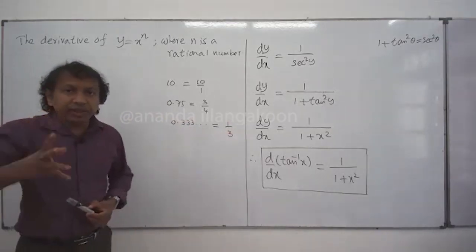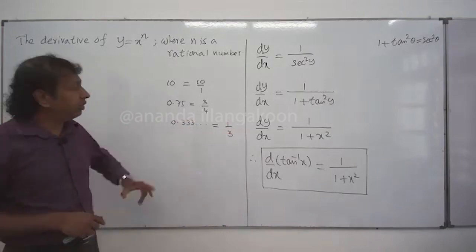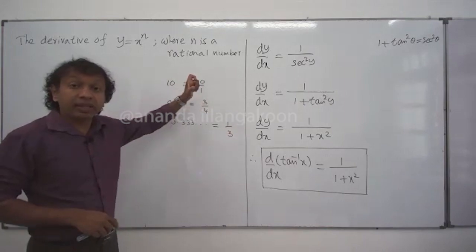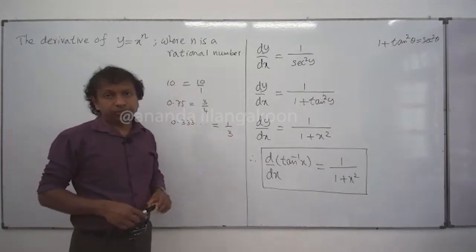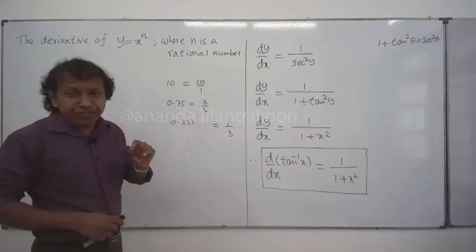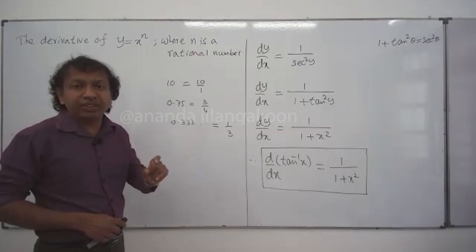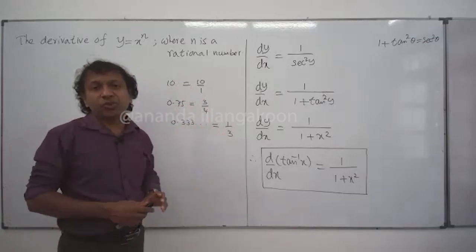So if any number can be written in fractional form like this, that kind of number is called a rational number.